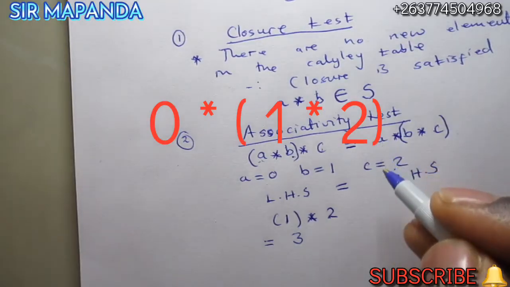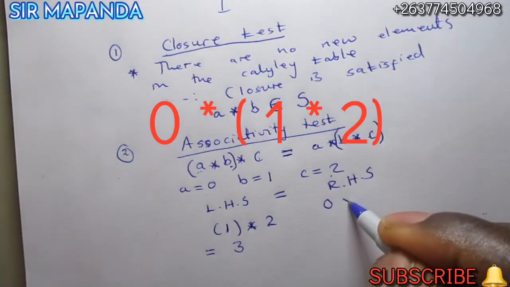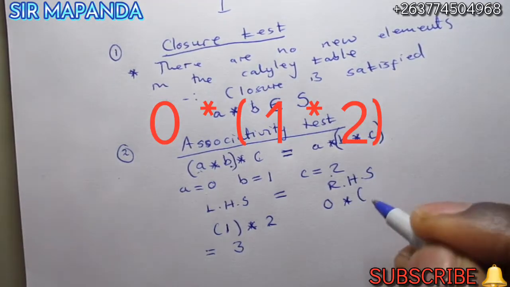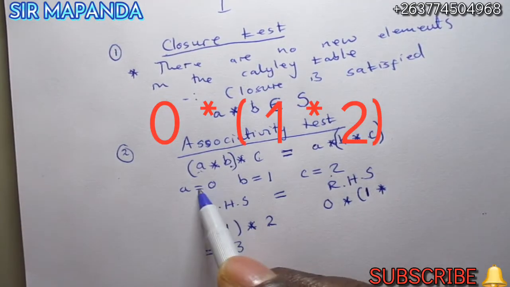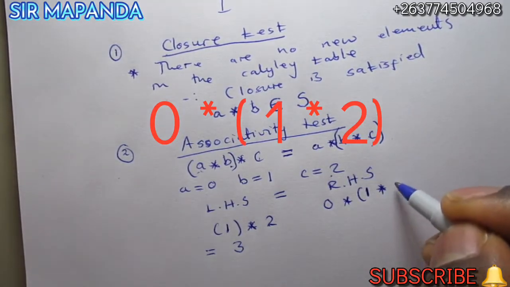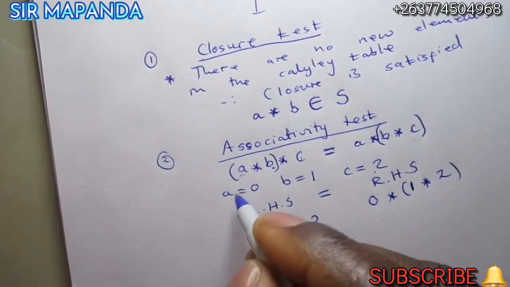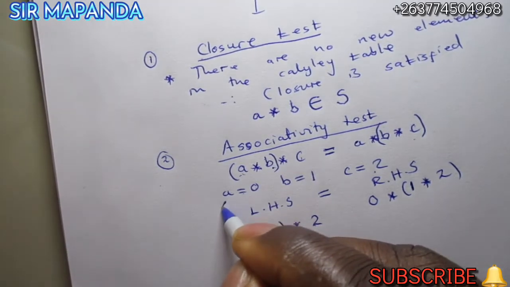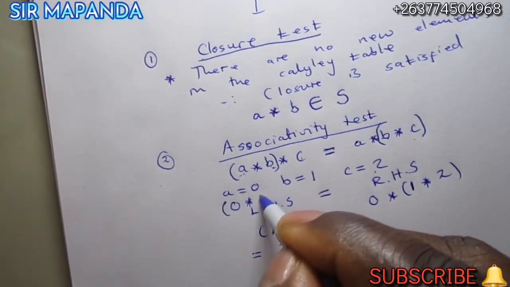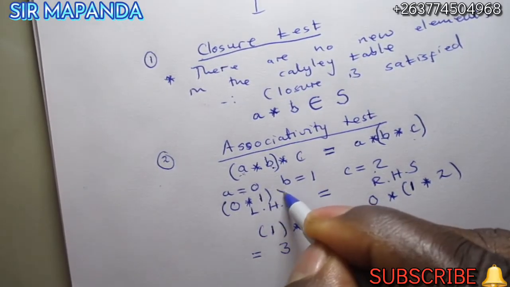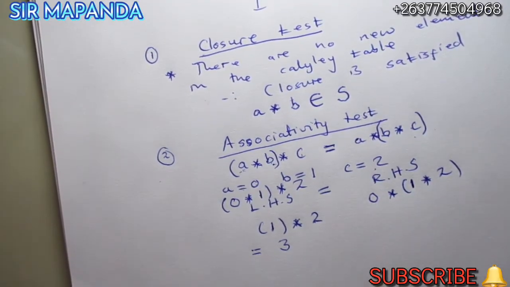So I'm going to start. We have a 0 for A, binary operator. Then our B is 1, a binary operator. Then our C is what? Our C is 2, right? Then on the left hand side here, we have 0 binary operator of 1, binary operator where C is 2. I hope you are following.